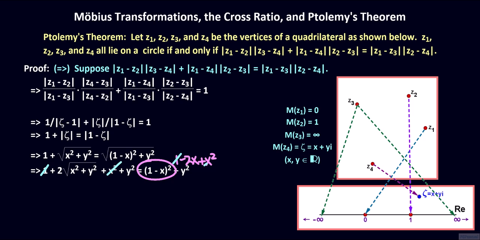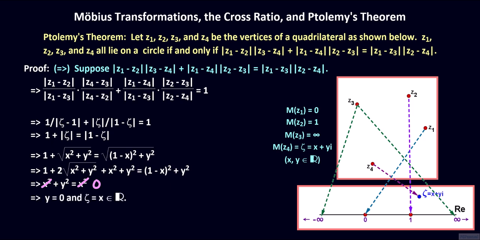We simplify, leave the radical on the left side, and square one more time and simplify to get x squared plus y squared equals x squared. x squared cancels out. We get y equals 0, so that zeta is a real number, and zeta, or M of z4, lies on the extended real line, the isocline that contains 0, 1, and infinity.